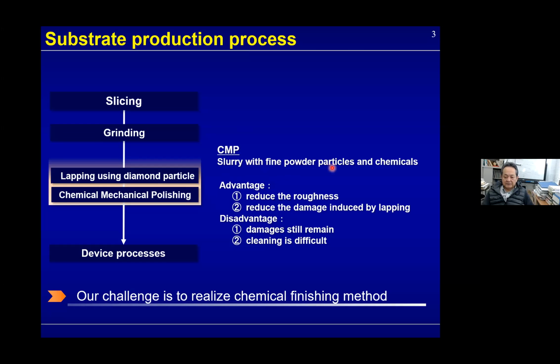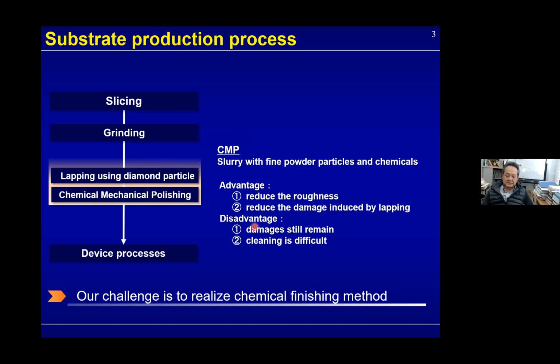Also this method can reduce the damage induced in the lapping process. The lapping process is used for flattening, but it uses diamond particles. So the lapped surface has strong mechanical damage due to the diamond particle scratching. This kind of damage should be removed, and CMP can reduce the damage of the lapped surface.